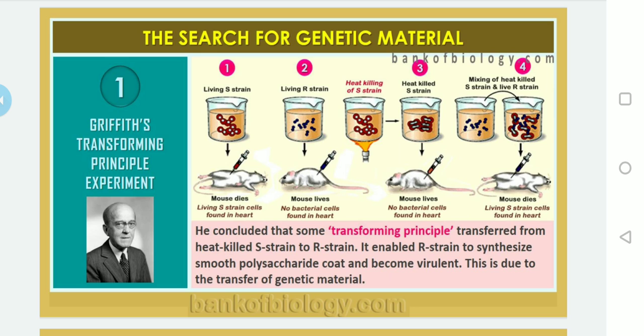However, from this experiment, the biochemical nature of the genetic material was not identified. He said that it is a genetic material, but he did not tell clearly what it was.